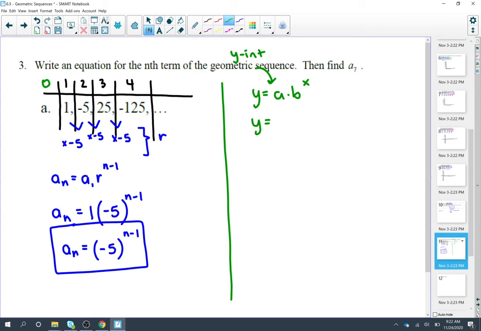Well, if I'm multiplying by negative 5 to get this way, that means I have to divide by negative 5, which is going to get me negative 1/5. So my a value is going to be negative 1/5 times b, which is my common ratio, which is still the negative 5, to the power of x.